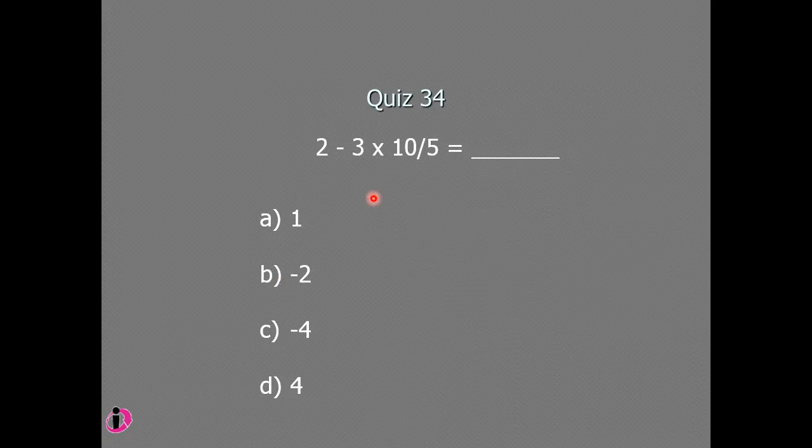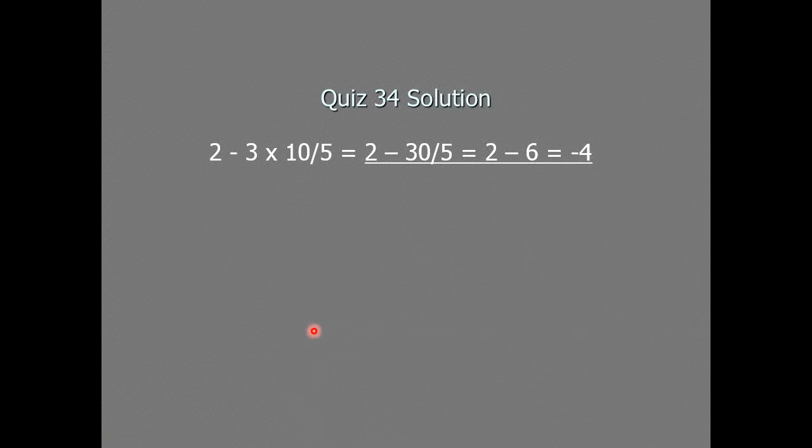C? Yeah, C is the right answer. Let's see here. We first do the multiplication to get 30, and then we do the division, 30 by 5, which makes it 6, and subtraction is at the very end, which makes it -4. Any questions?